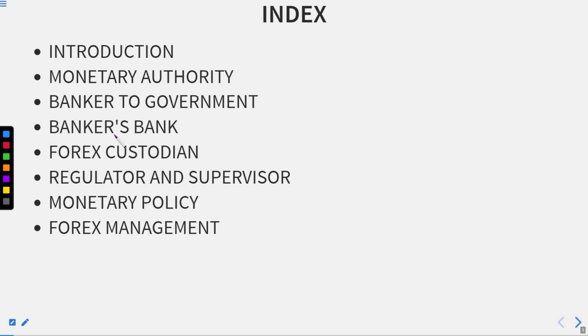We will start with the introduction. We will see the monetary authority, banker to the government, bankers' bank, forex custodian, regulator and supervisor, monetary policy, and forex management.